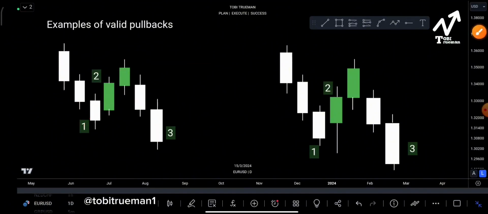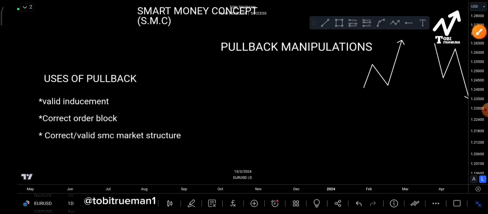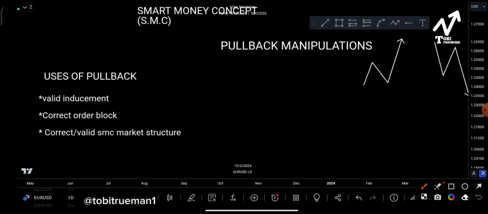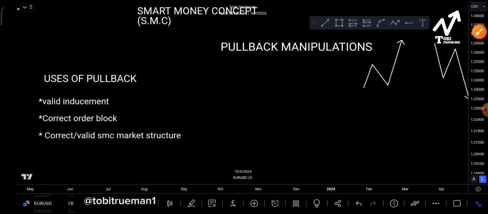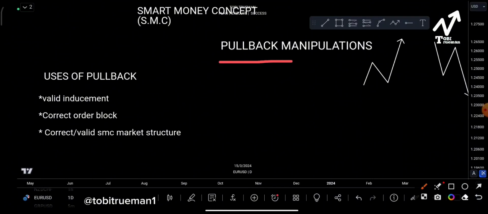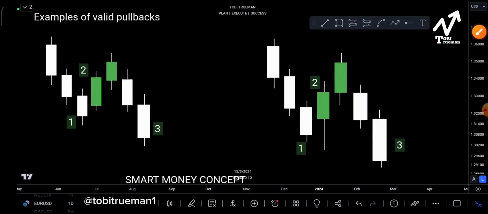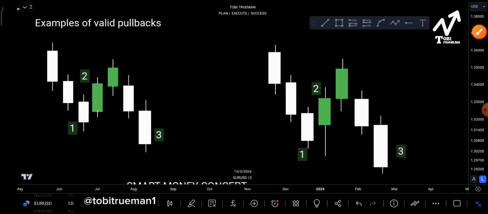So the first point we are looking at today is valid inducement. How can we identify a valid inducement using the correct pullback? We're also going to look at pullback manipulations, to avoid selecting a pullback that is not correct for our inducement.